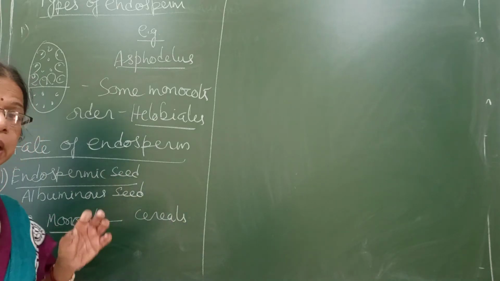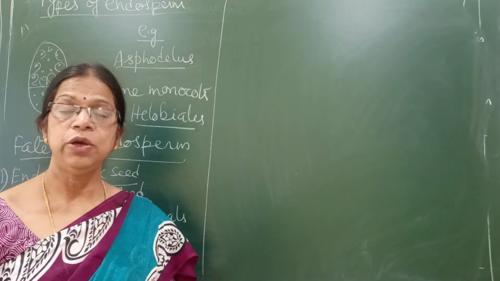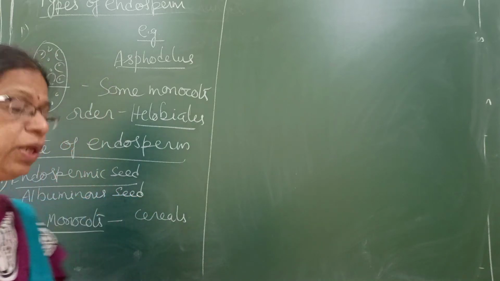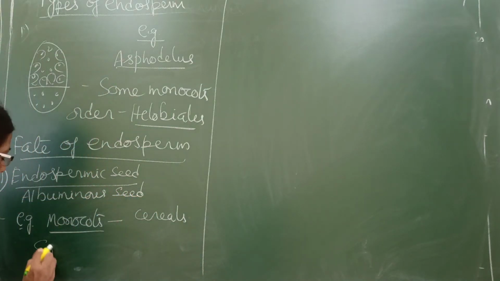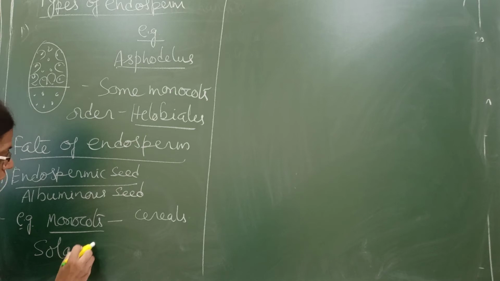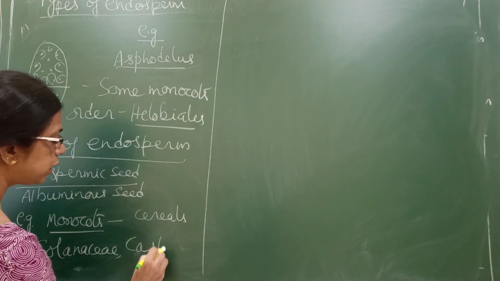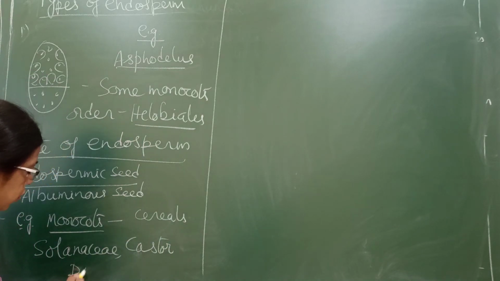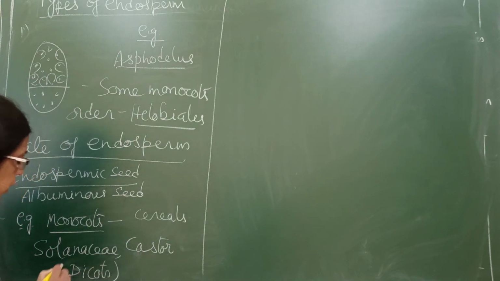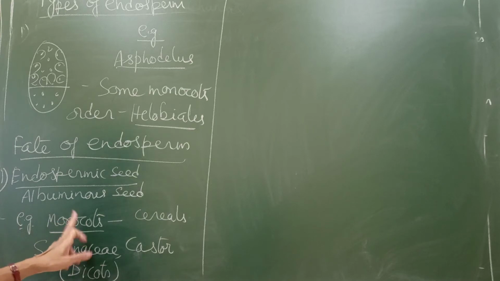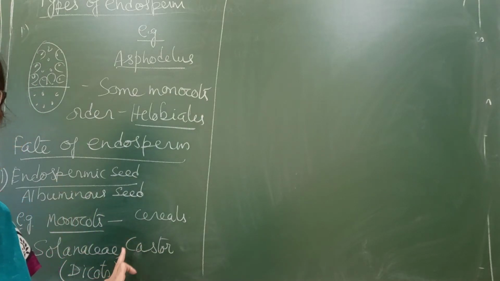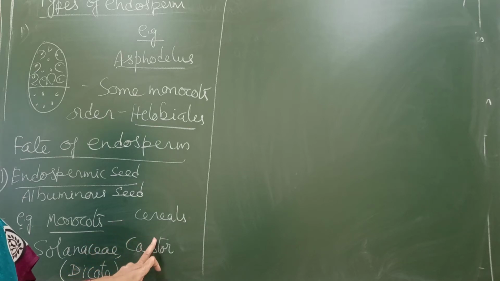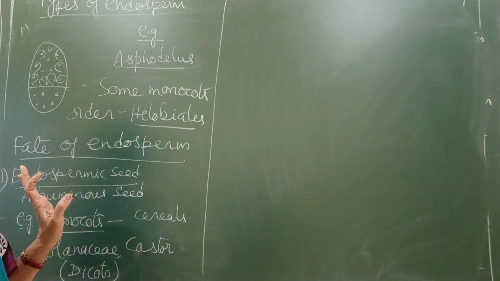But there are some dicots also which show endospermic seed, like the members of Solanaceae. These are the exceptions. Members of Solanaceae and also castor are dicots having endospermic seed.